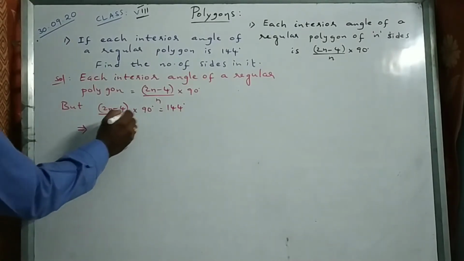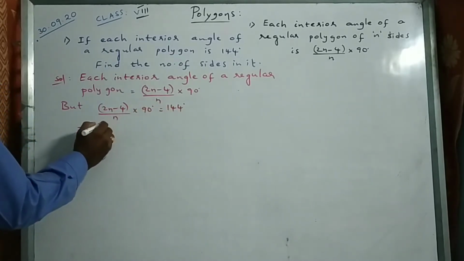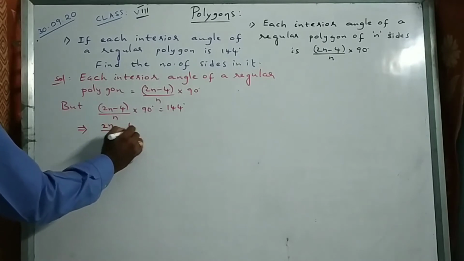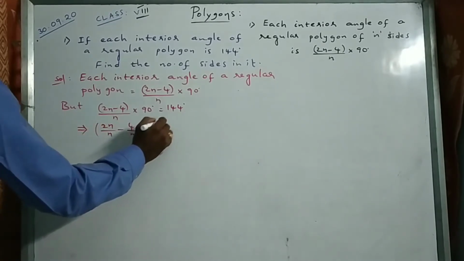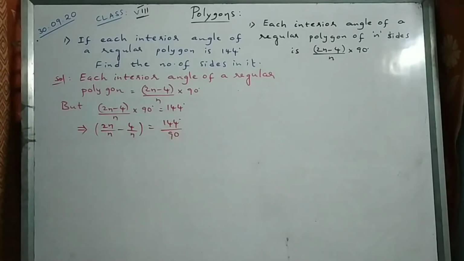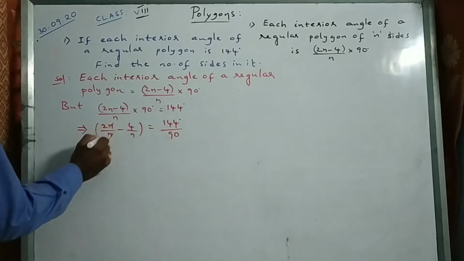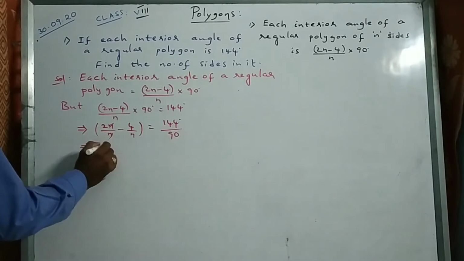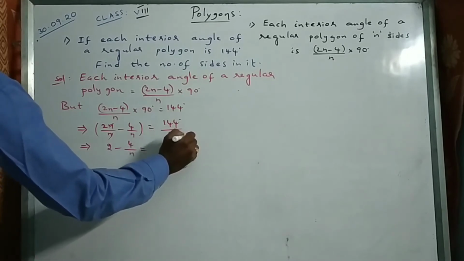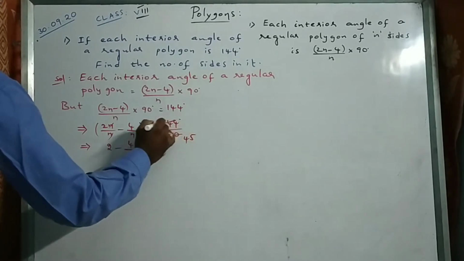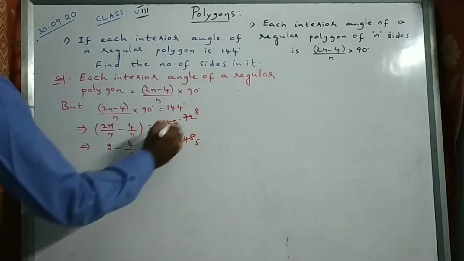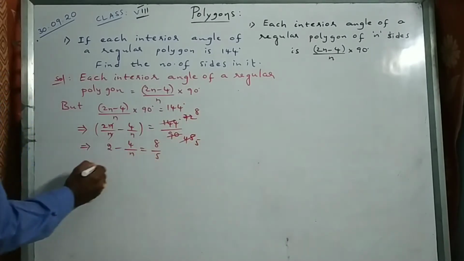Simple. So I'll just shift 90 that side first and split this: 2n by n minus 4 by n equal to 144 upon 90. Okay? Here n cancels. So what is remaining? 2 minus 4 by n equal to 144 by 90, which reduces to 8 by 5.